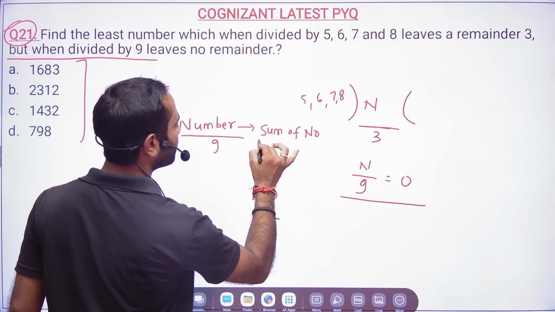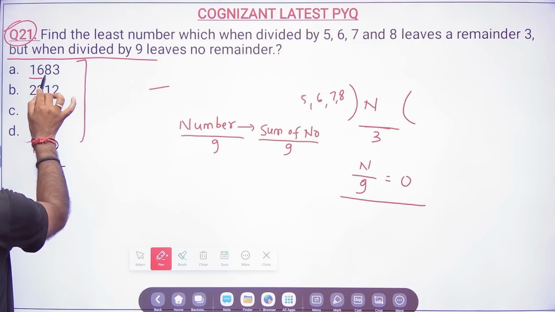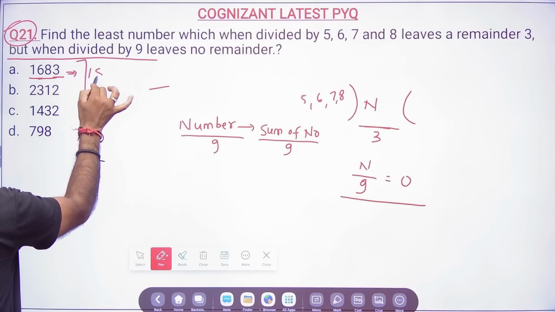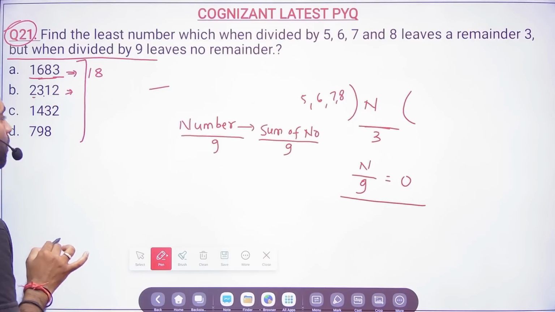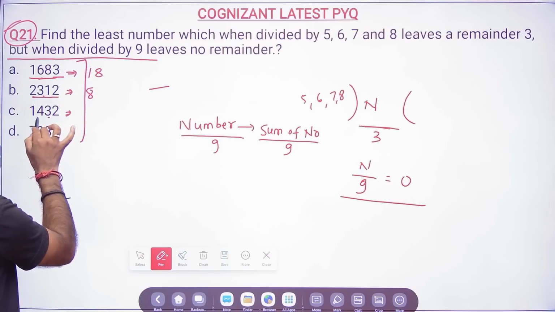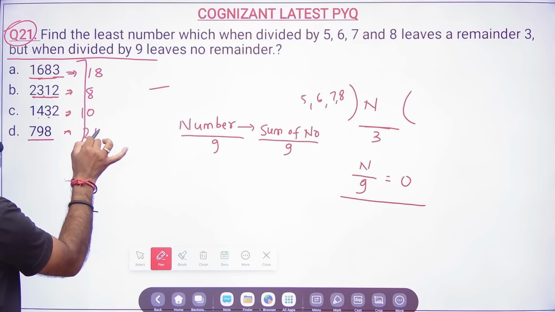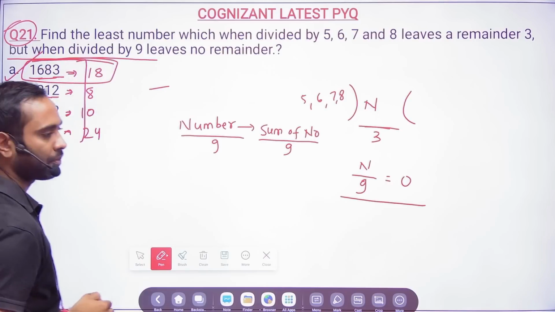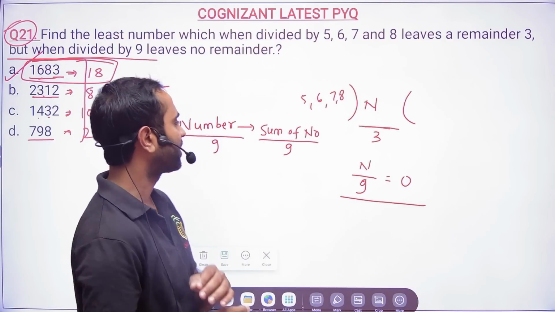First option: 6 plus 1 is 7, 7 plus 3 is 10, and 10 plus 8 is 18. Sum of digits is 18. Then 2 plus 3 is 5, 6 and 2 is 8, and so on. The next sums come to 16 and then 24. So there is only one number which is completely divisible by 9, because its sum is also divisible by 9. So option A is the correct answer, right?